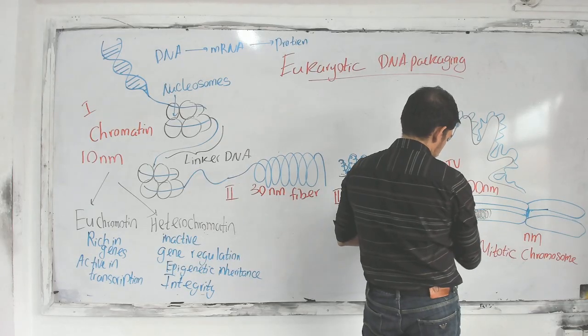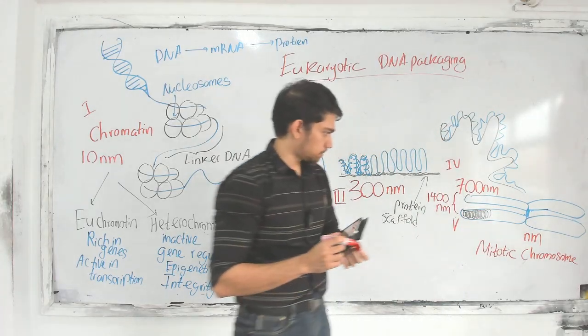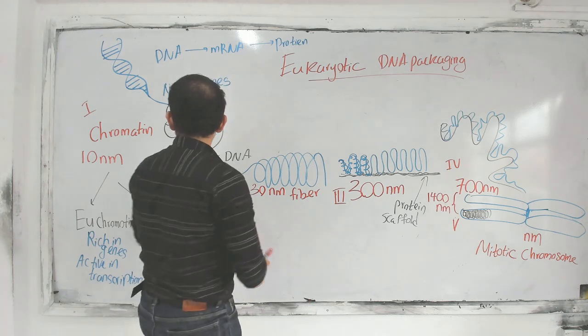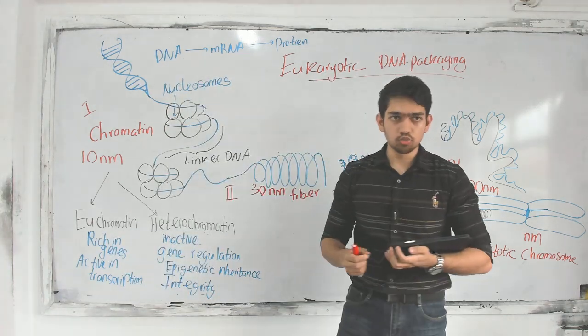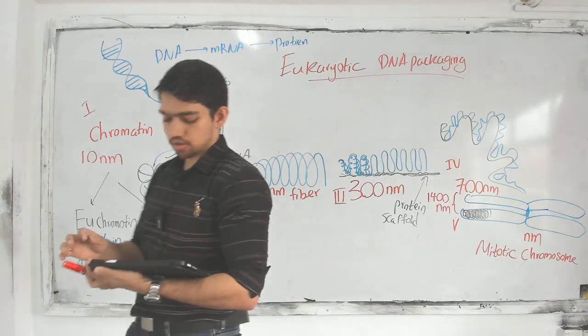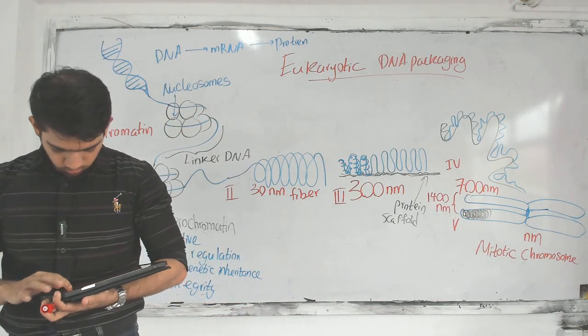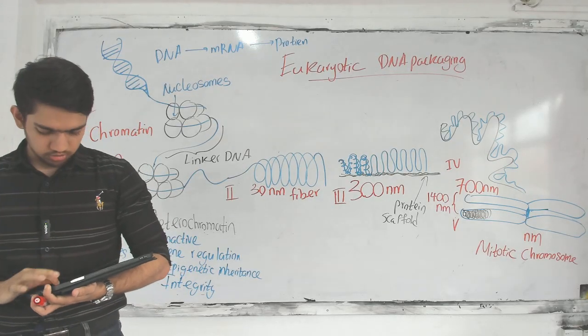So both arms come to 1400. So 10 nanometer, 30 nanometer, 300, 700, 1400 with the two arms. One arm is 700. Yes, correct it.